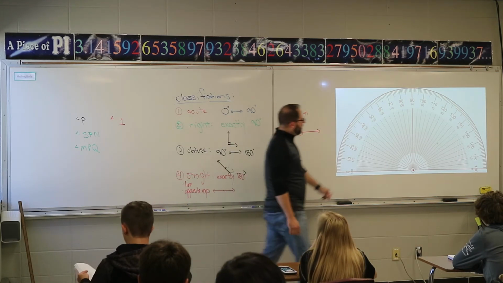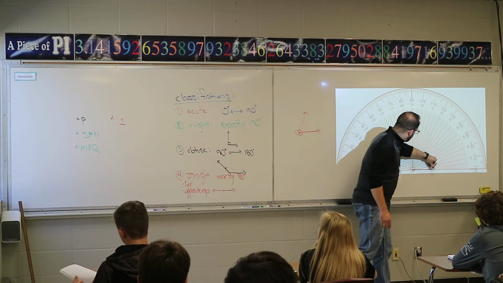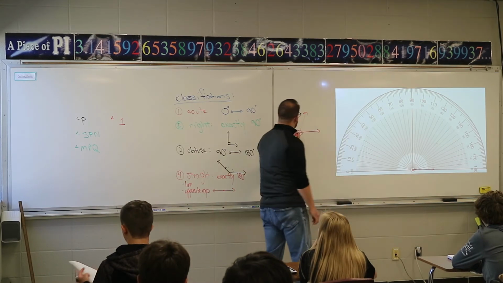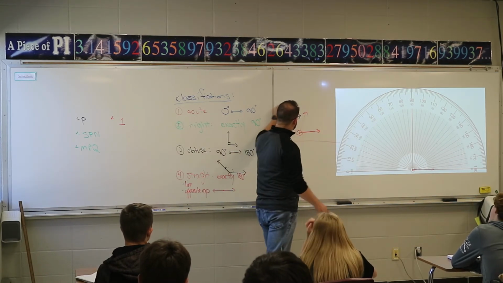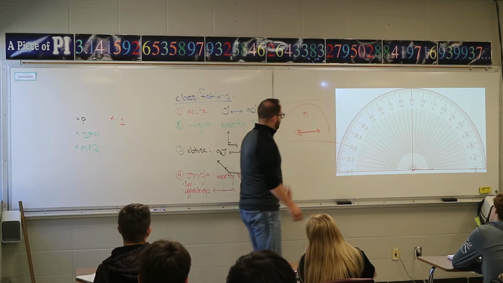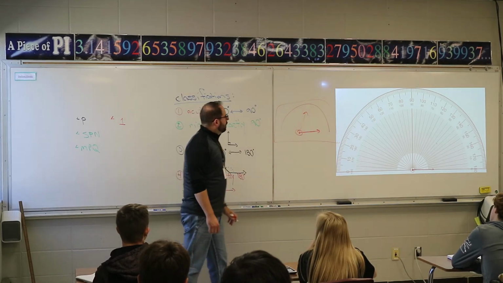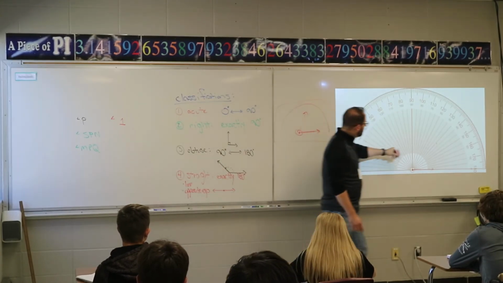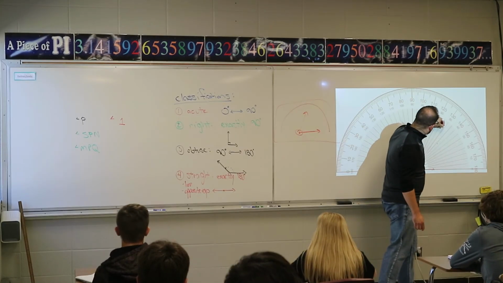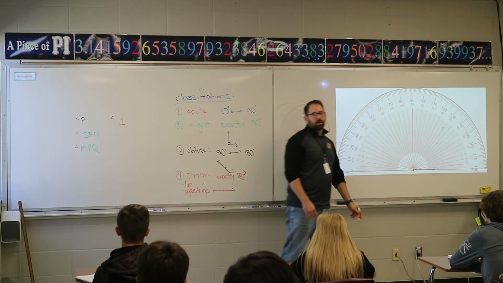Then you line up this wall, this part right here, with this initial side. So then your plastic piece is doing this, and you can see the whole protractor like that. Okay? And once you have it lined up, this terminal side should be going somewhere in this direction, and you'll be able to read off the number.